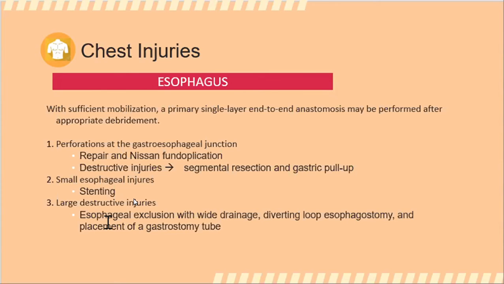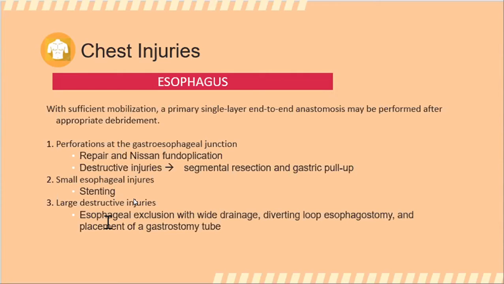But if there is perforation at the gastroesophageal junction, fundoplication is done. For distal destructive injuries, all the necrotic or non-viable tissues are resected. What is left, your distal esophagus and possibly your distal stomach, is what gets anastomosed. Or what we do is a gastric pull-up.